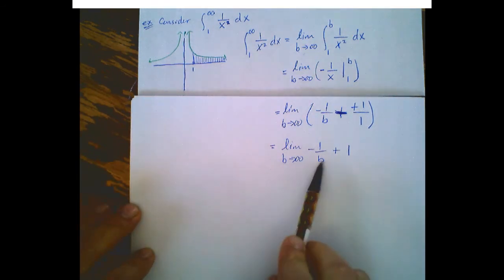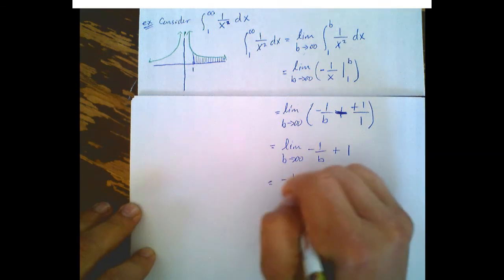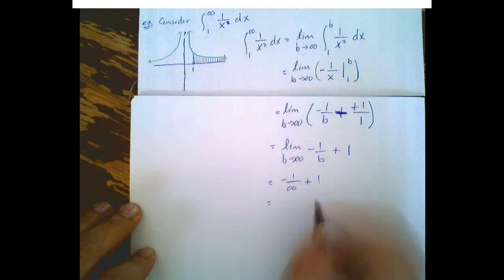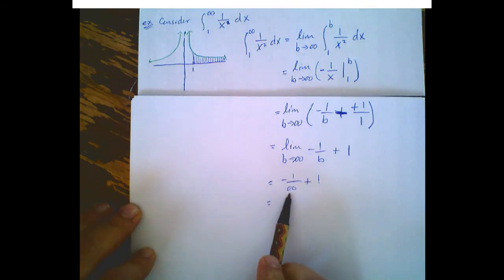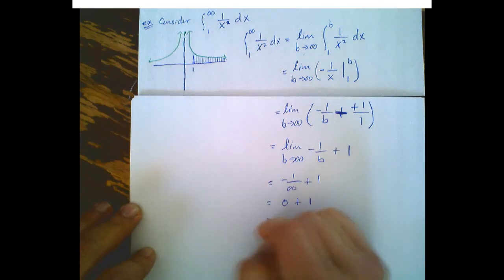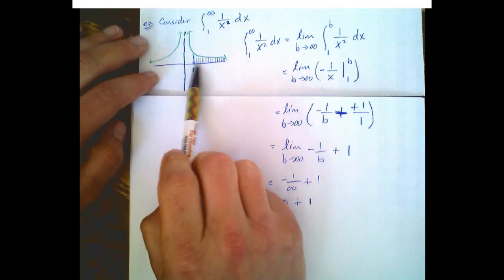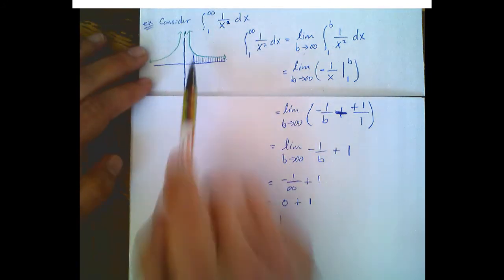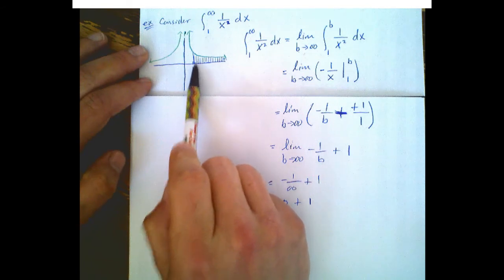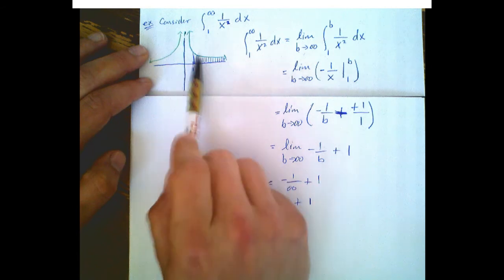Now if we plug in infinity here, we'll get negative 1 over infinity plus 1. Well, what is negative 1 over infinity? This is negative 1 divided by a super large value. This is 0 plus 1. Right? So we can see here that even though our area is infinitely long, it does go to a value. Okay.